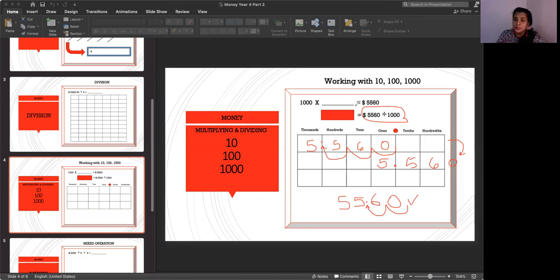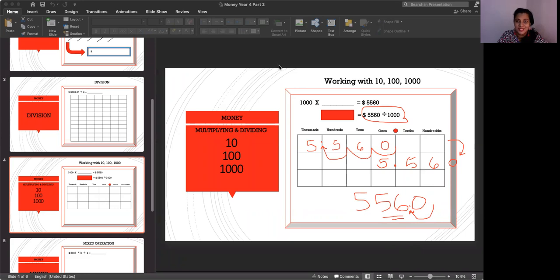Now, you could also ask what the answer would be if I divided by 10. It would become 10 times smaller. So 5,560 divided by 10 means you move 1 decimal place, and your answer would be 556.